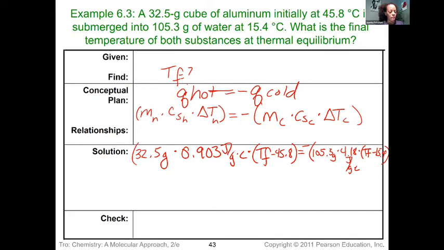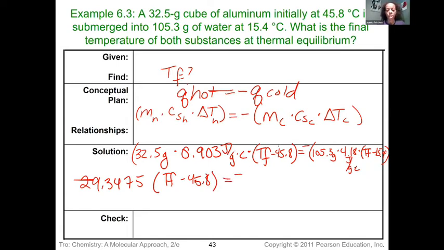So we're first going to take 32.5 times 0.903, and that's going to get us 29.3475 times TF minus 45.8, and that's equal to, but opposite.